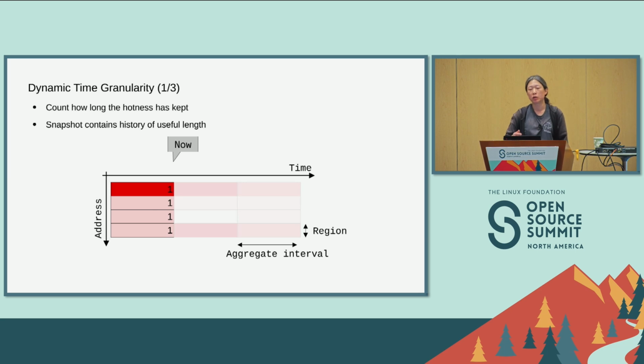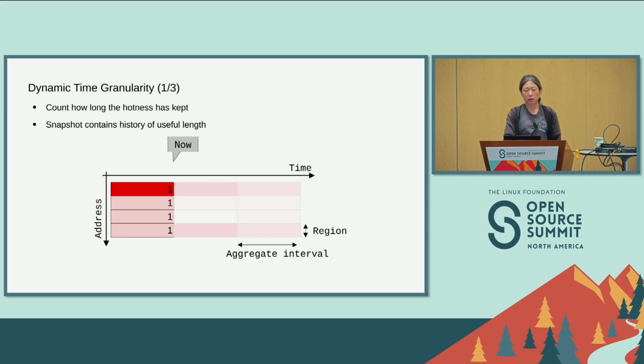And therefore, we introduced a dynamic time granularity feature, a little bit different from the dynamic space granularity, but the mechanism is very simple. Just add yet another counter per region that counts how long the current hardness of the region has been kept.